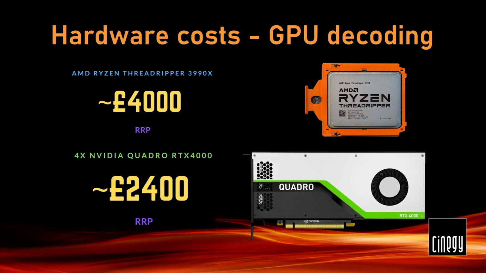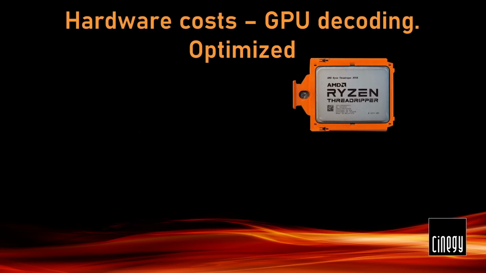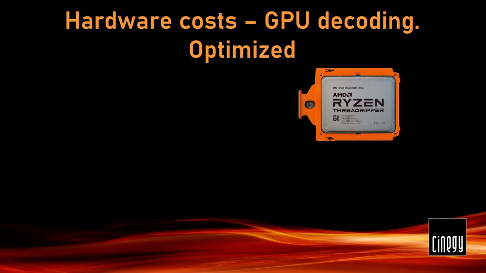Given how low the CPU utilization was with GPU decoding enabled, it's safe to assume that one might get away with a 24-core chip for a similar server. I looked up a 24-core AMD chip of the same generation and thought Threadripper 3960X would be a fair comparison.